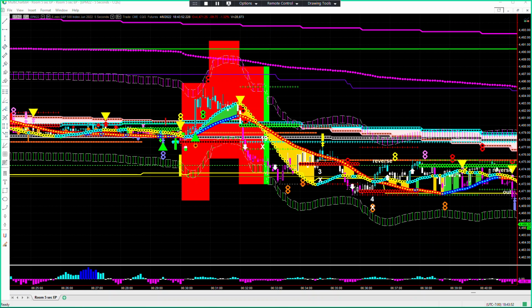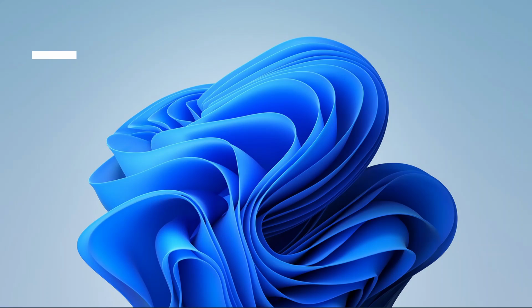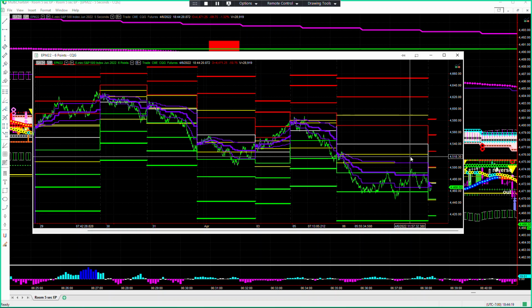Okay, so here we are back at the open, scrolling through. Had a pretty good day, even though I got into that fight a little bit. Overall, the market was down today, even coming in this morning. So let's go back to maybe the 6-point chart so we can kind of see.